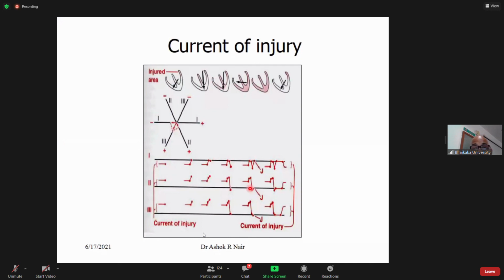Sorry, this is in lead 2, and let's say any two of these you take. Lead 1 and lead 2 you draw and draw perpendiculars. You can get the current of injury. The negative end will point to the location of the injury.